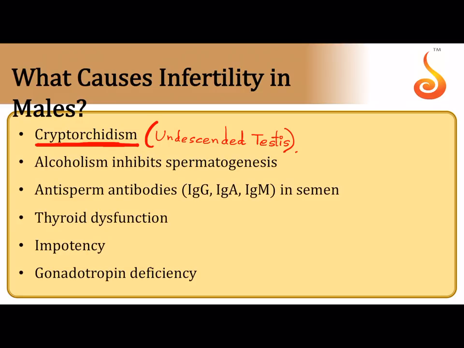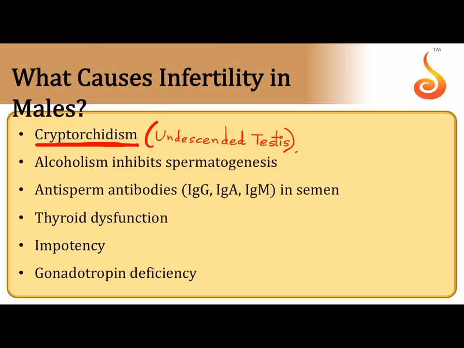Okay, so undescended testis or cryptorchidism is one of the causes of infertility in case of males. We had also discussed that undescended testis can be treated by a corrective surgery, but of course, if it is not done, then the male will become infertile in the later stages of his reproductive life.